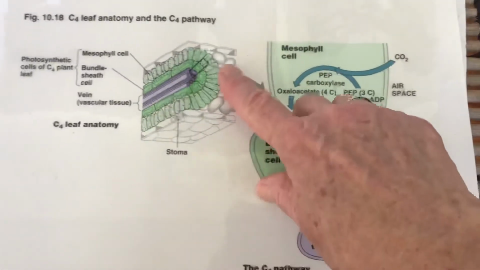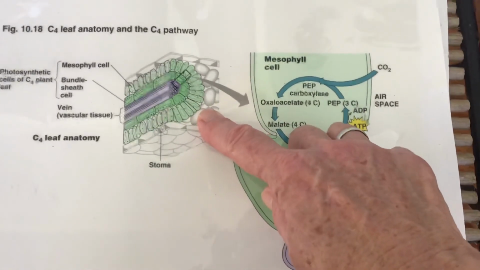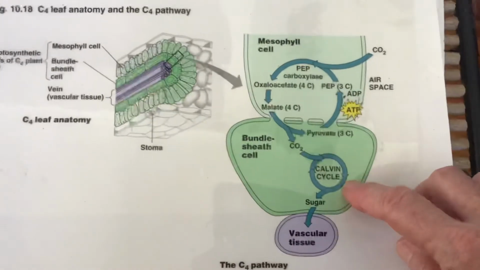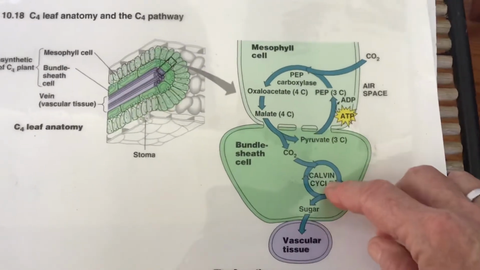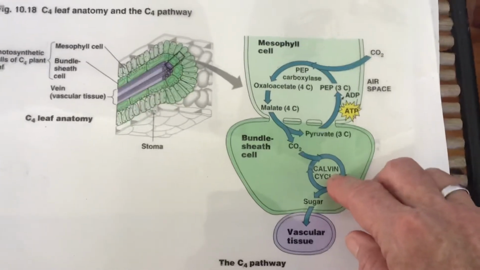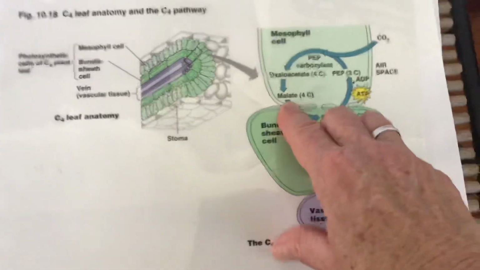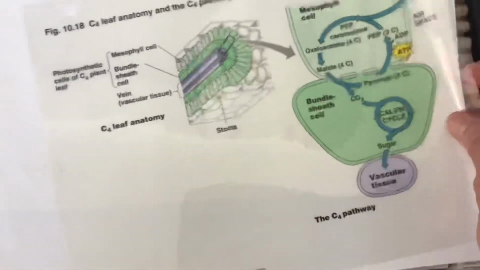And because the oxygen is out here in the leaf space, it will not interfere with the Calvin cycle that is inside, and photorespiration will not happen or be completely reduced. All right, so this is what we call C4 anatomy, because the first stable compound is a 4-carbon molecule.